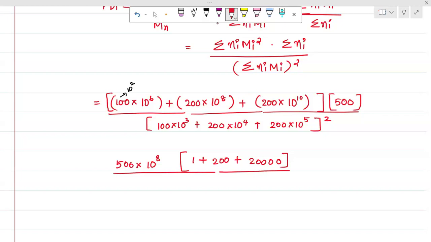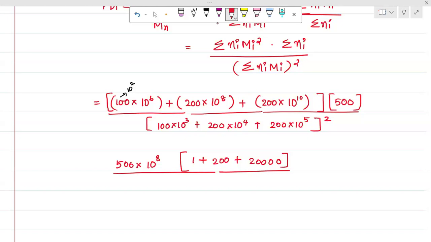I can take 10 to the power 5 from here outside as well, whose square is there. Let's just solve it. At the bottom, what you have is 10 to the power 5, correct?